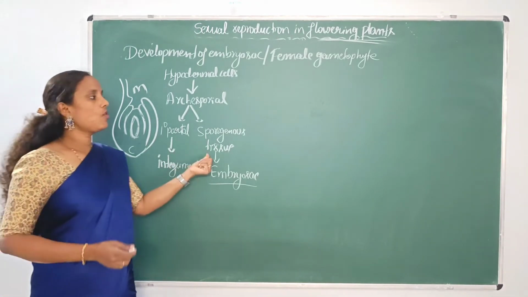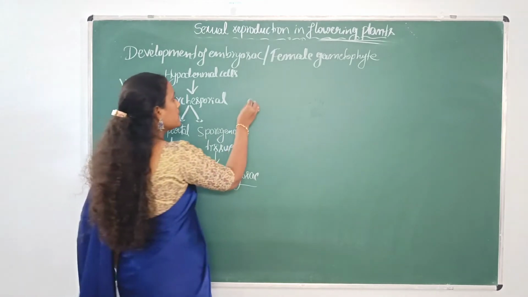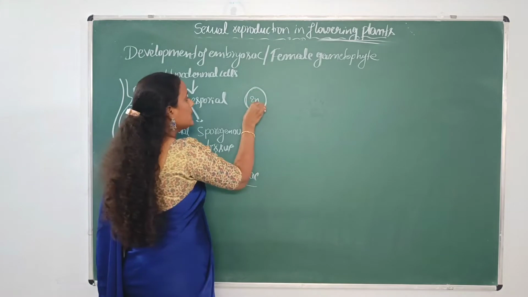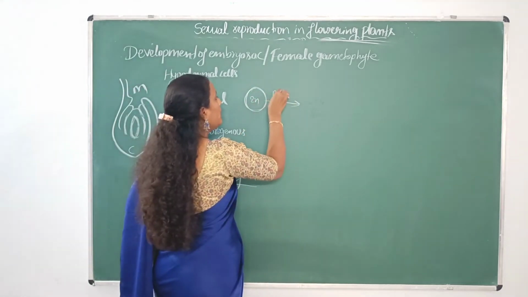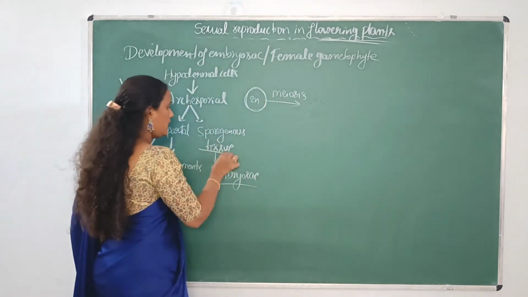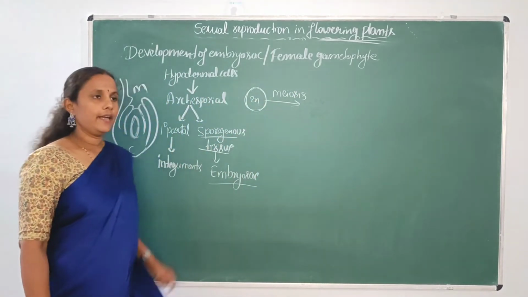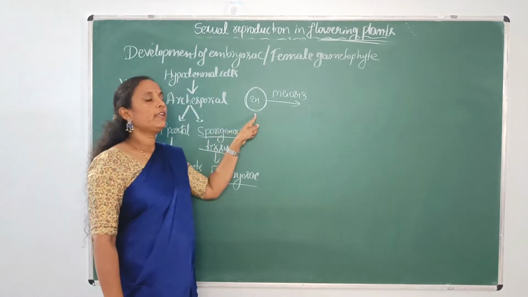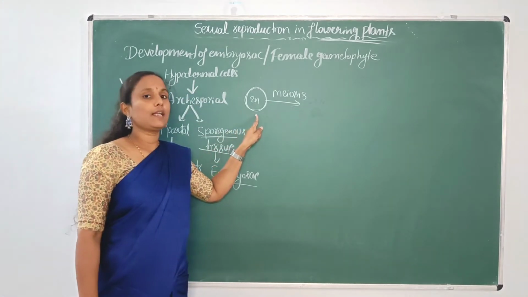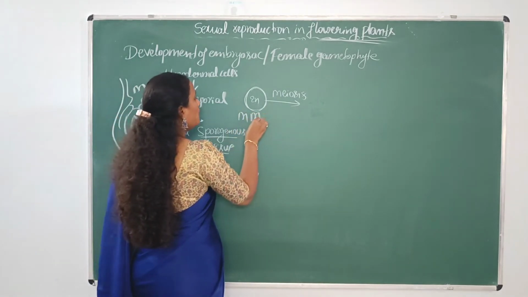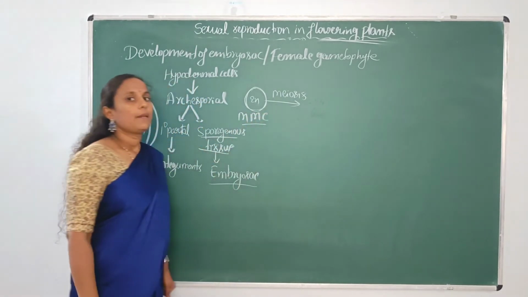This is a diploid cell, a sporogenous cell, normally present towards the micropyle. The cell which is capable of undergoing meiotic cell division is referred to as the megaspore mother cell, MMC.